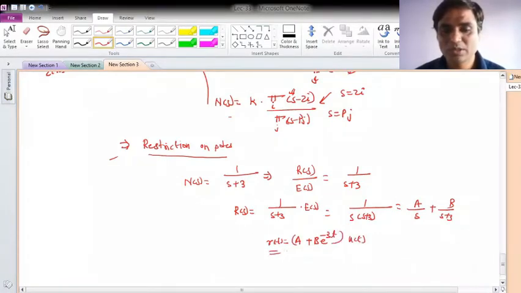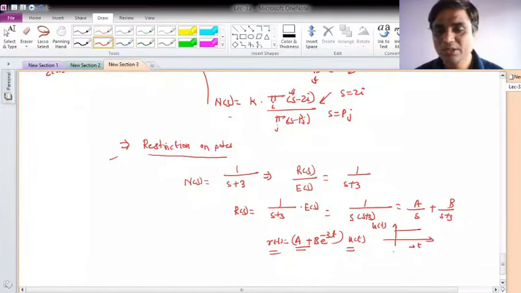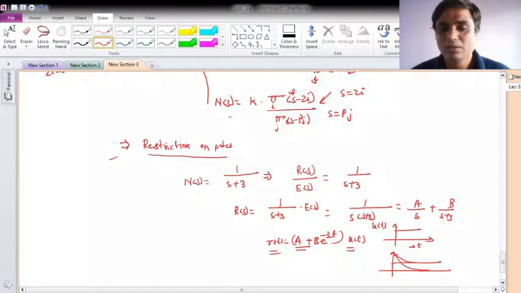So here we can see that the input I applied to the network is a unit step, and what kind of response did I get? A plus B e^(-3t). It will be something like this, which will be 0. Fine.